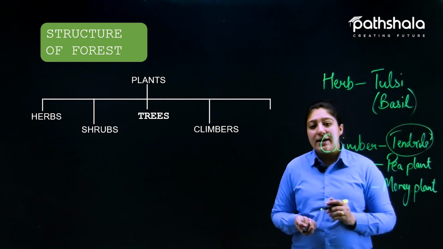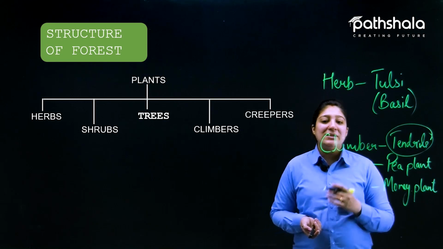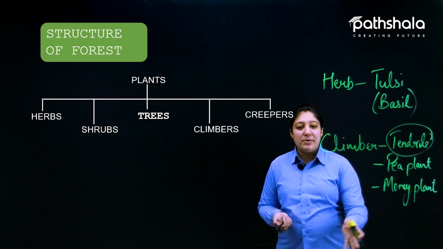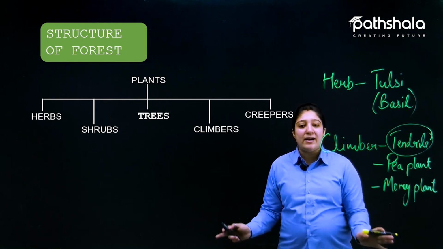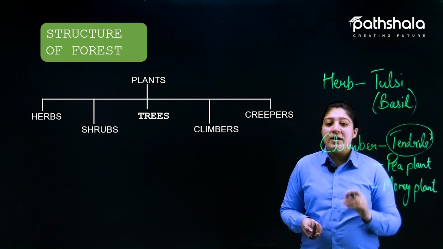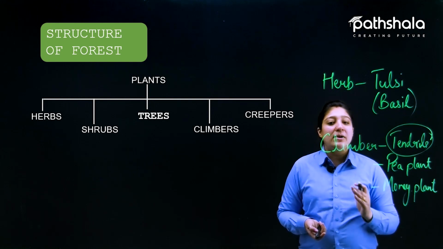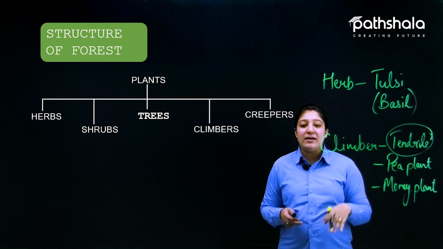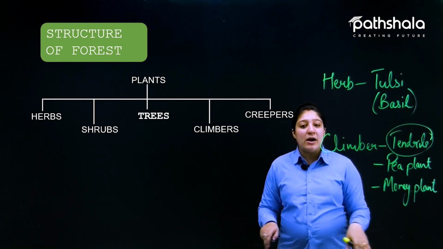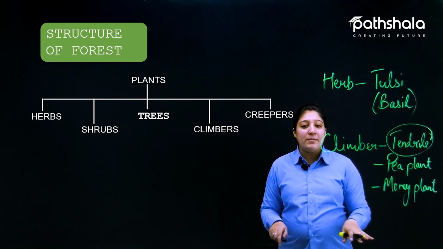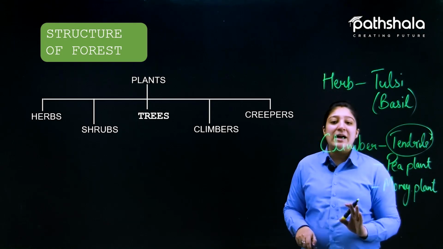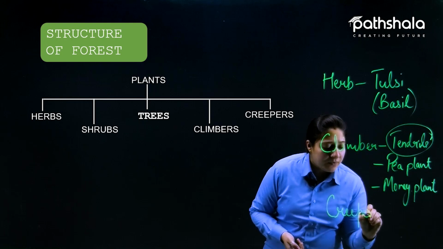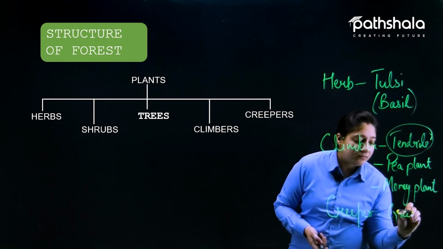The last one is our creepers. Now what are creepers? The name itself suggests they creep on the land. They just simply spread on the land. They also have a weak stem, and because of that they are not able to stand properly or grow properly, so they just creep on the ground. And the main example for creeper is our grass.